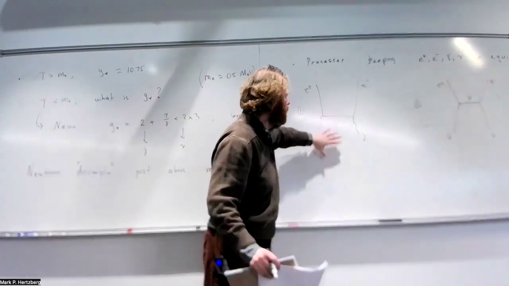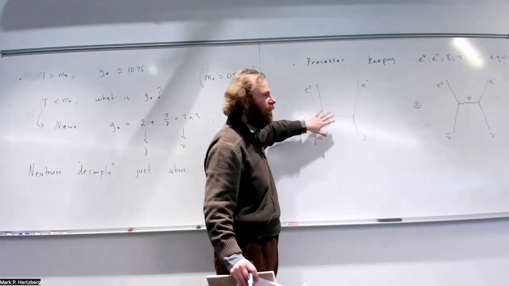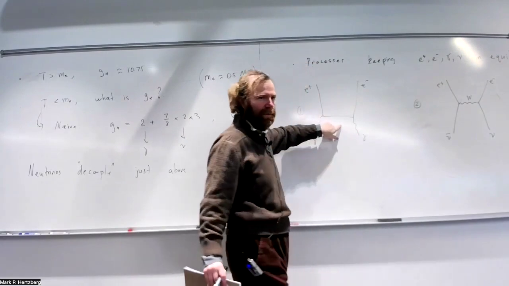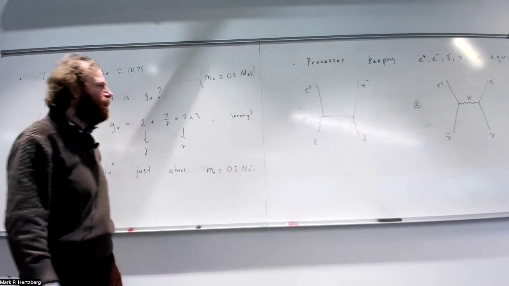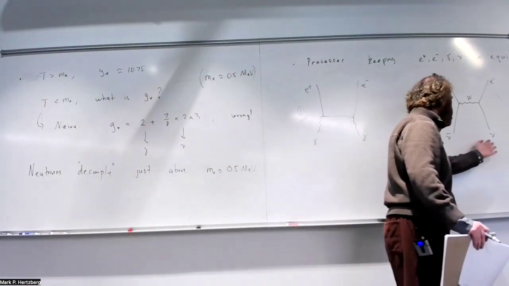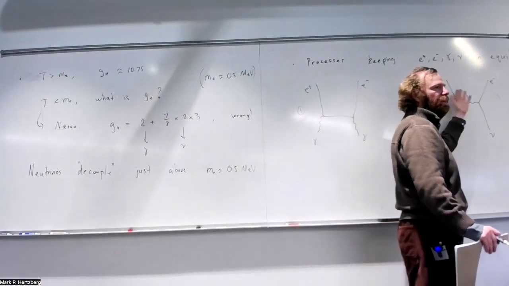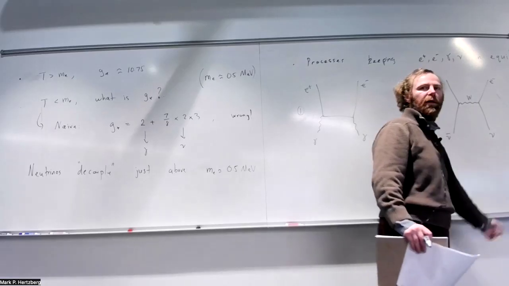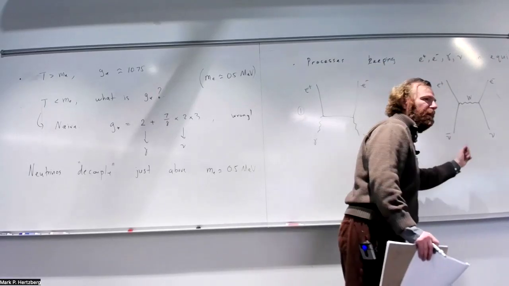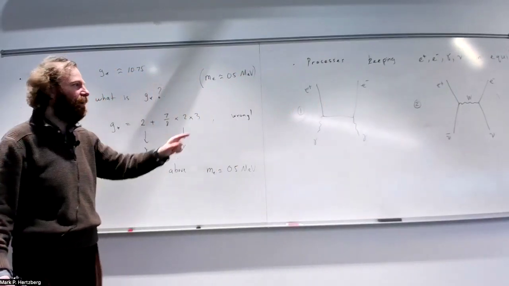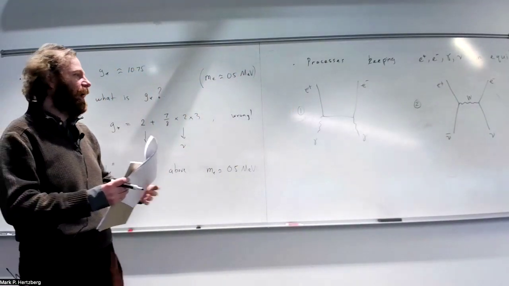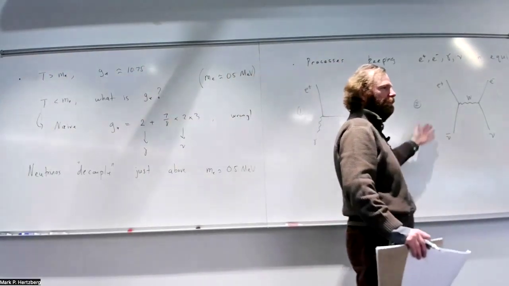So photons and electrons are in thermal equilibrium because of the first process, if this rate is fast enough, and it happens super fast because the electromagnetic interaction is kind of big. And then neutrinos can be in equilibrium with electrons and positrons through these other processes. But this rate is not guaranteed to be big because the weak interaction is weak. So we have to be careful. That process may not be very effective at keeping these neutrinos in equilibrium.